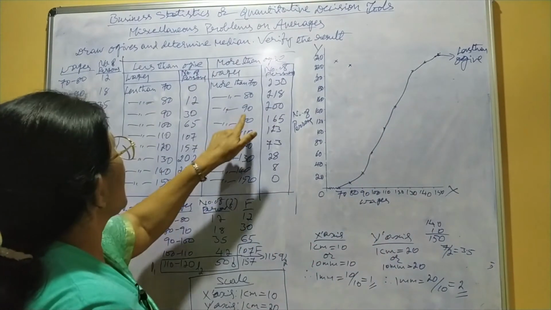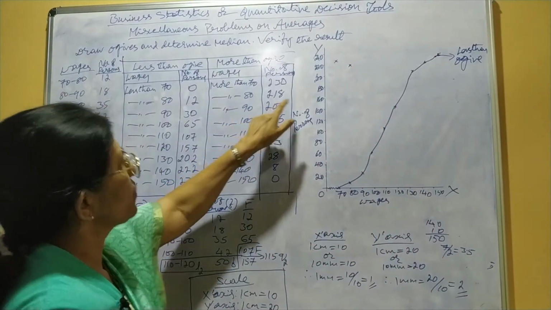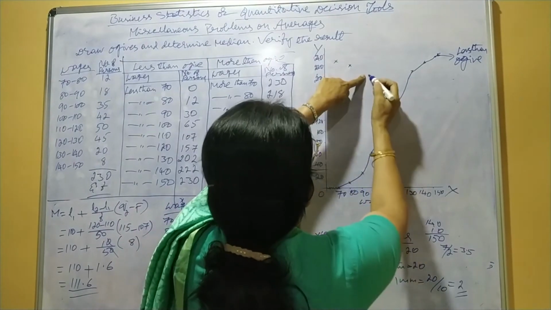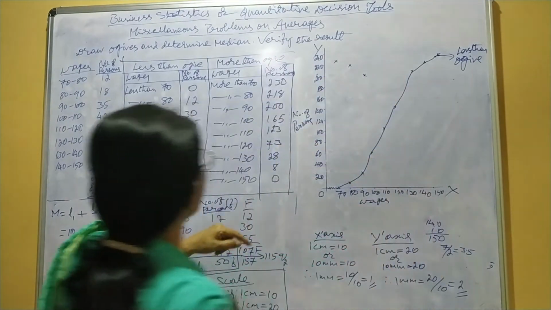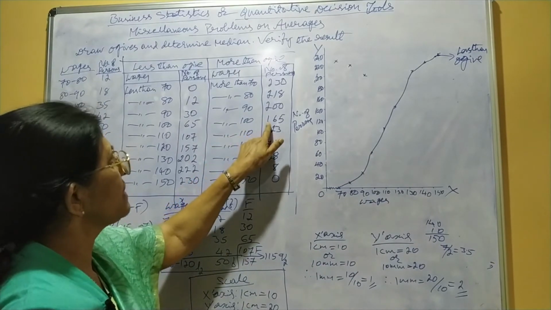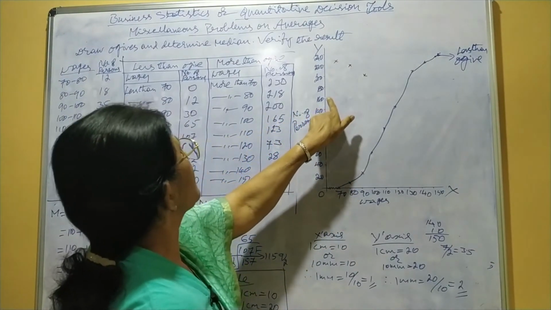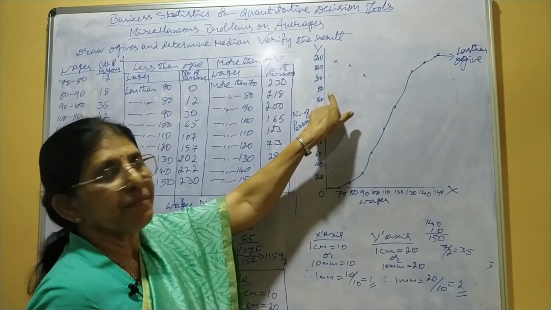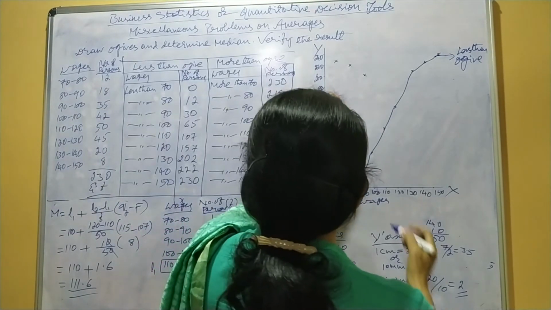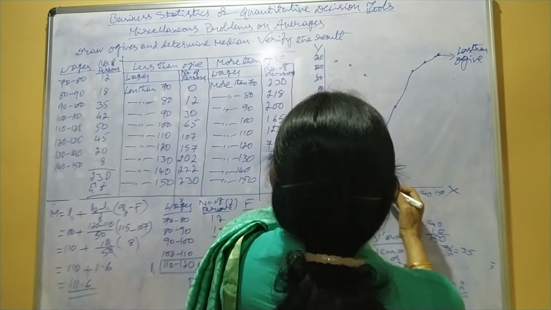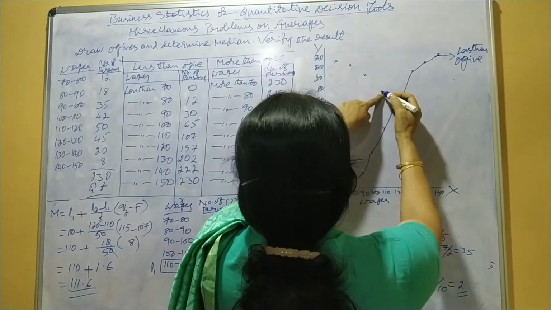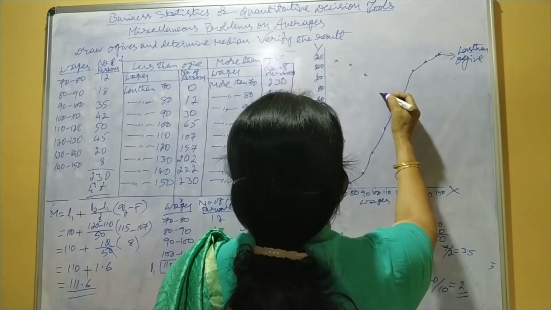Okay. Next, more than 90, 200, corresponding to 90, exact 200 we are having. Here put 200. More than 100, 165. Here 160. 165 means 2.5 millimeters above 160. That is corresponding to 100. Put a mark.